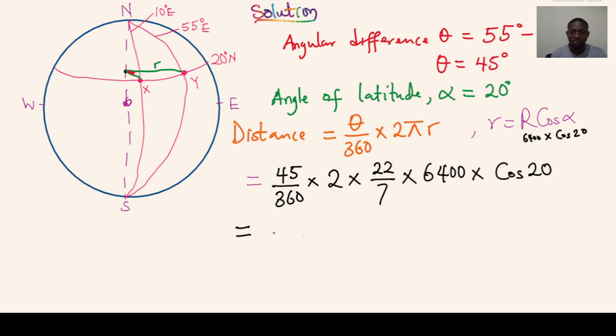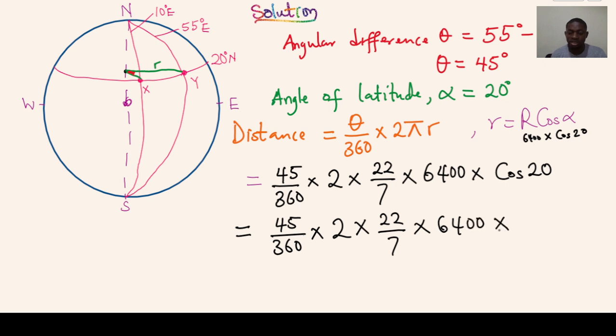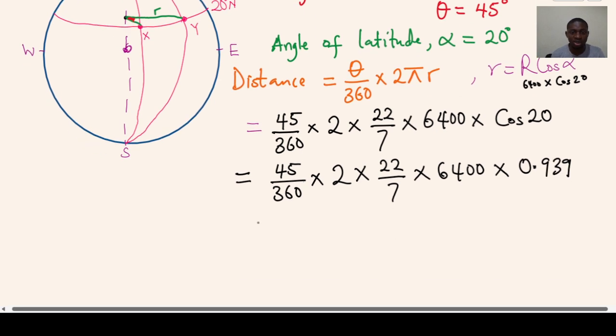So going further, we can try to reduce this depending on how we want to do it, or we do it first by substituting the value of cos 20. So this becomes 45 divided by 360 multiplied by 2 multiplied by 22/7 multiplied by 6,400 multiplied by cos of 20 degrees with our calculator. That's 0.939.